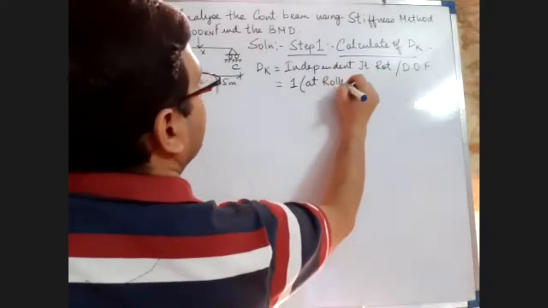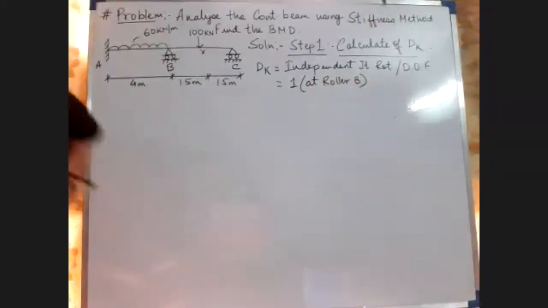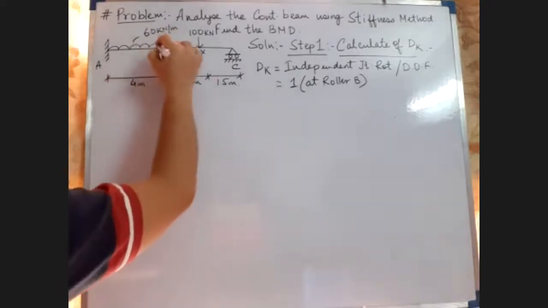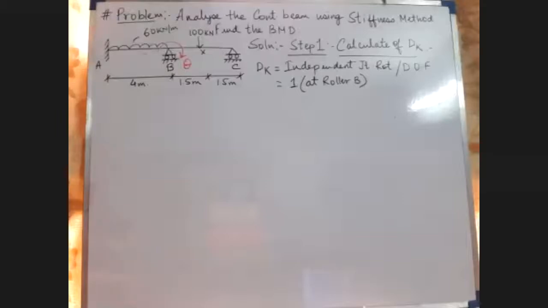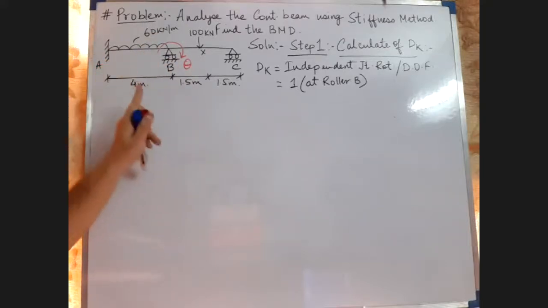At roller support B, if you see here, at roller support we can have one rotation. Roller supports have degrees of freedom. How many unknowns are there? First of all, unknown is 1, that is the vertical reaction.